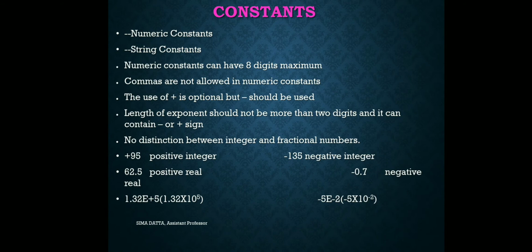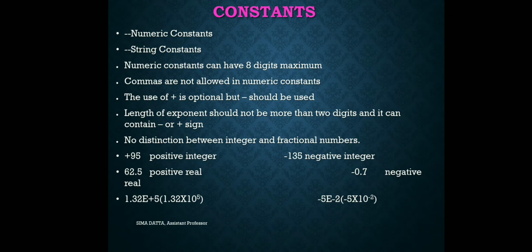Now you need to understand what a constant is. A constant can be a numeric constant or a string constant. Numeric constant means numbers 1, 2, 3, 4. String constant I will discuss later. So you can use numeric constants in the basic program, but commas are not allowed in numeric constants.